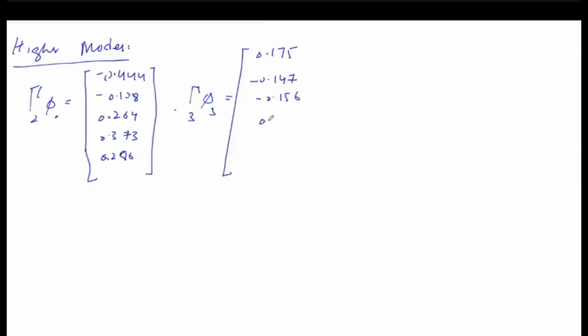And this is 0.081, 0.20 and 0. So these are the five values.